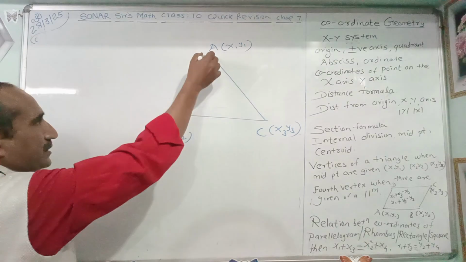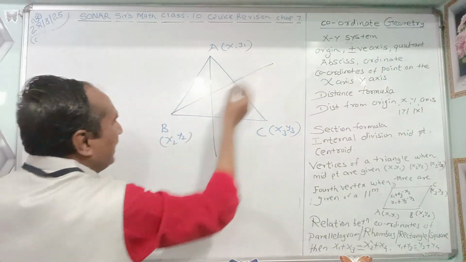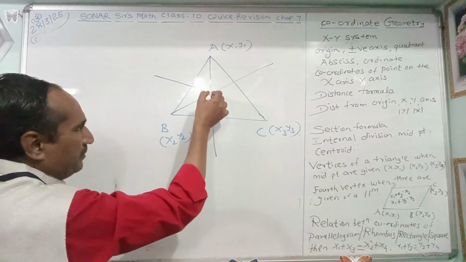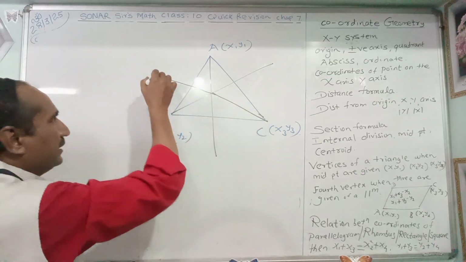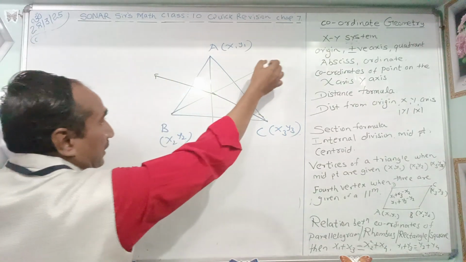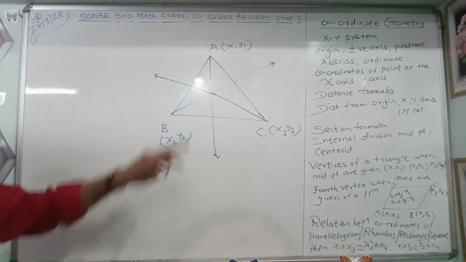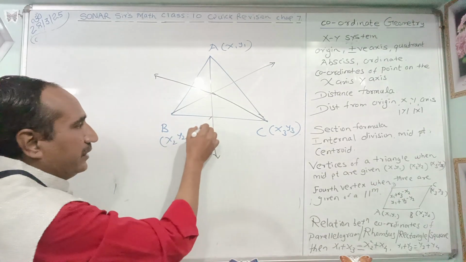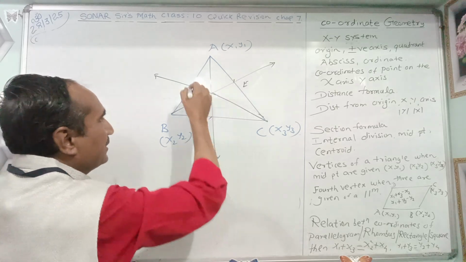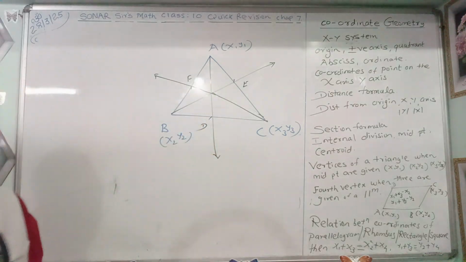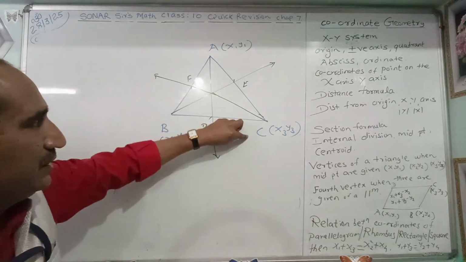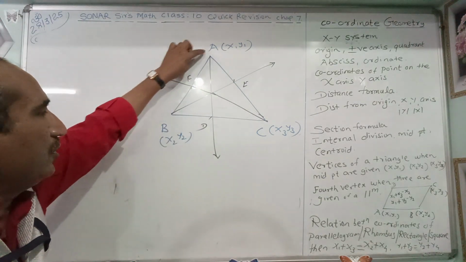And suppose AD, BE, and CF are the medians. Now what do you mean by median? A median is a line segment joining a vertex and the midpoint of the opposite side. So AD, BE, and CF are medians because each joins a vertex with the midpoint, D of BC, E of AC, and F of AB.